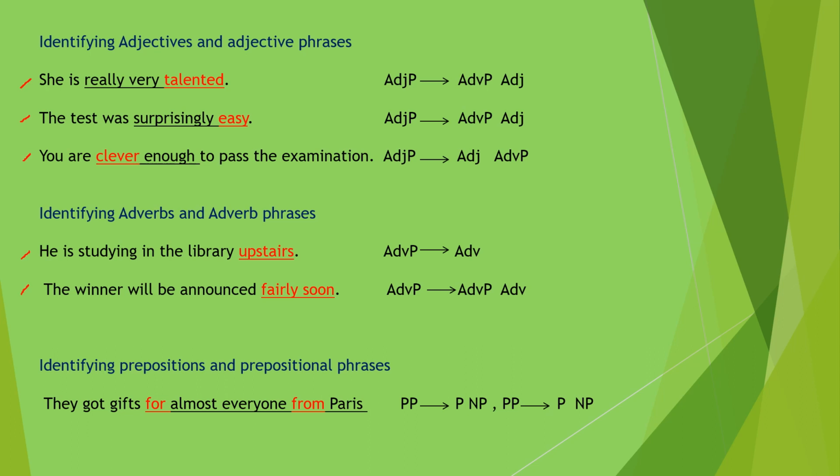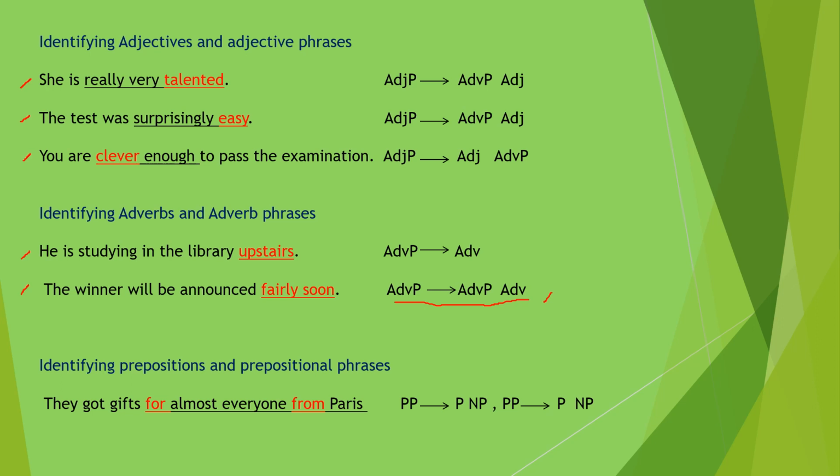So this adverb phrase will be broken down into an adverb phrase and an adverb. For "fairly" you can again write adverb phrase, which is broken down into adverb. So you can actually make two structures: one for the whole "fairly soon," and then again a structure for just the word "fairly." Okay, so this was adverb phrase.